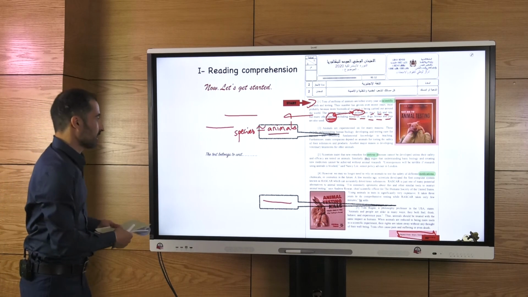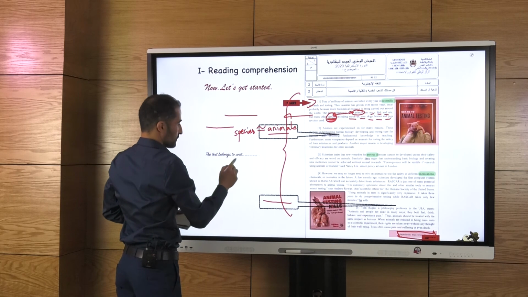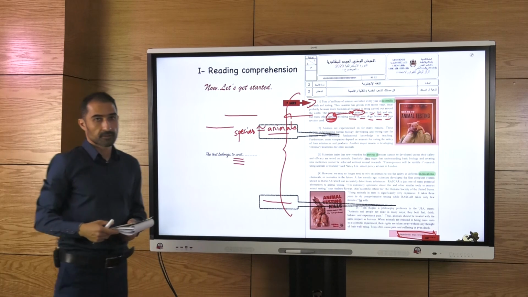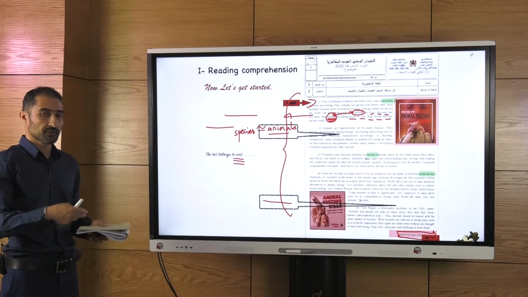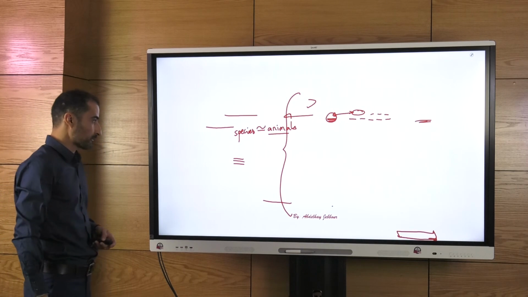And of course, you can refer the text to the units that you have seen in class with your teacher, for example, brain drain, science and technology, etc.